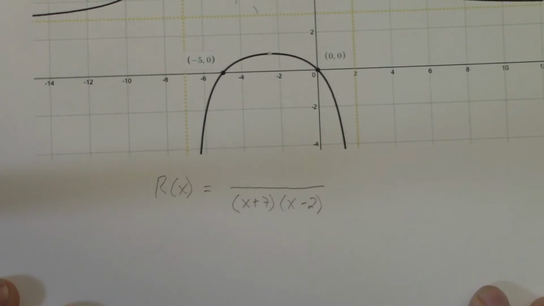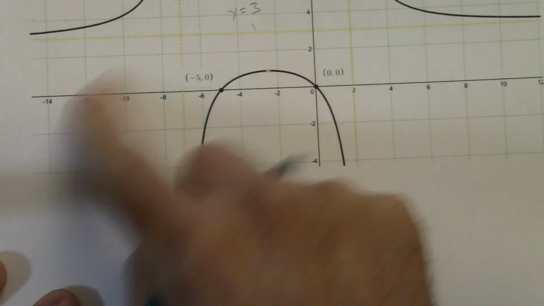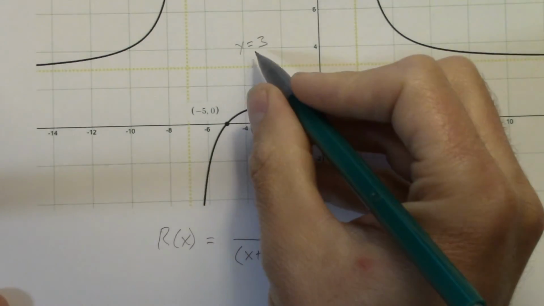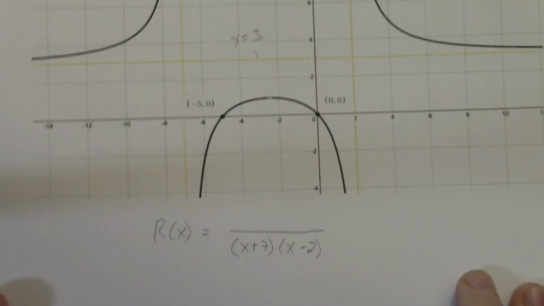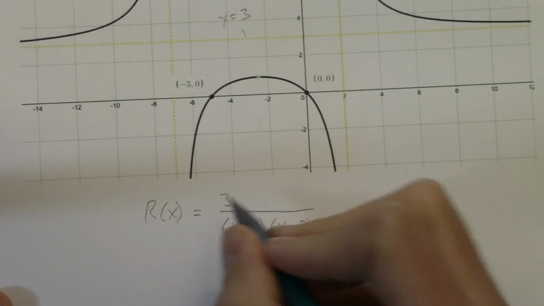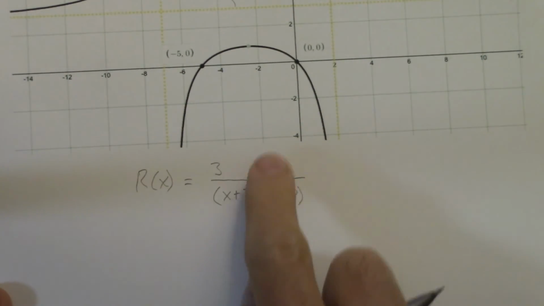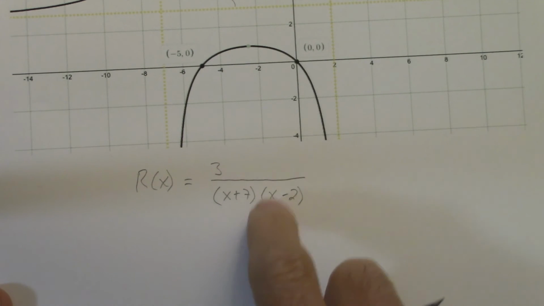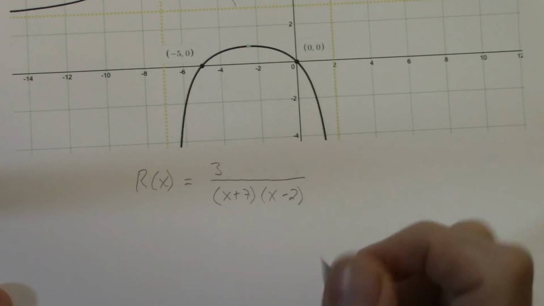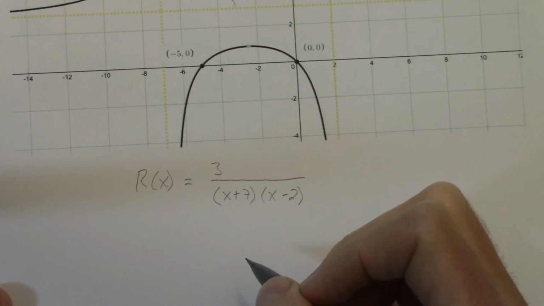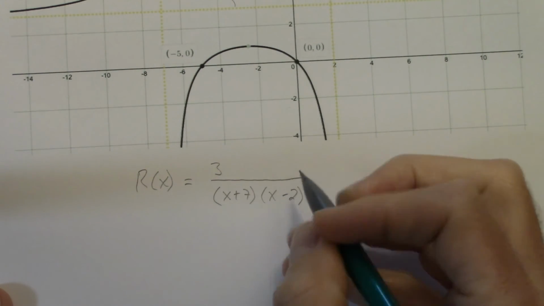And then I need a horizontal asymptote at y equals 3, so I need to put a 3 up here, and my degrees need to match. The degree of the denominator right now is 2, so the degree of my numerator needs to be 2 as well.